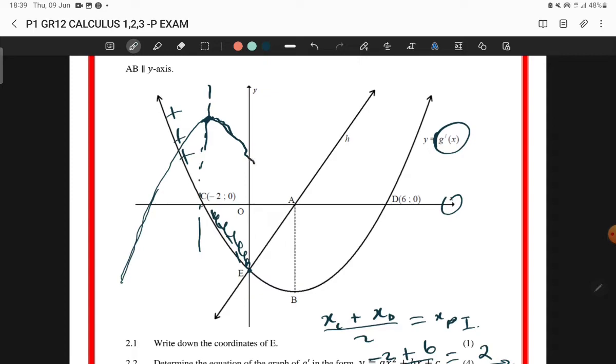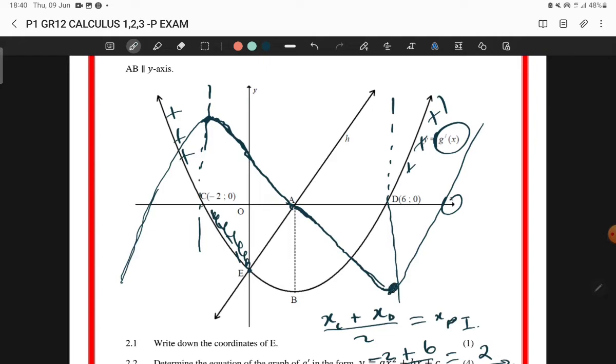The gradient is still negative. Then after 6, you can see that the gradient tends to be positive again, which means your graph has to turn up again. So this is your local minimum, and this one is the local maximum, and then this one is a local minimum.